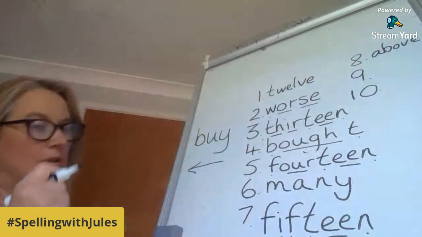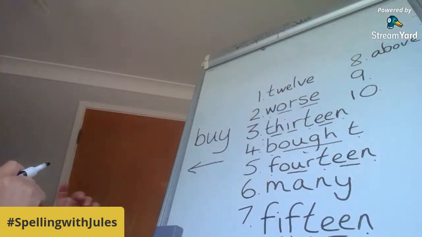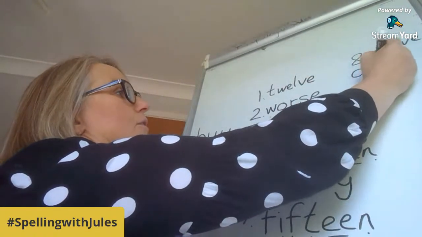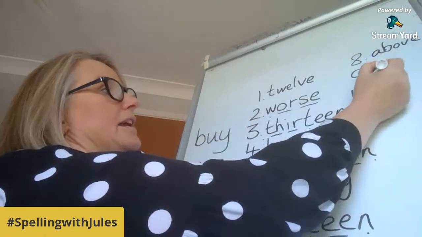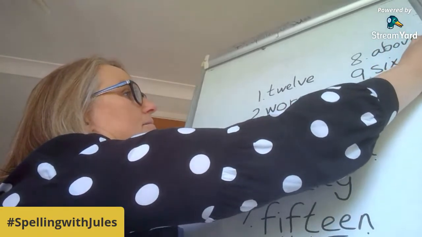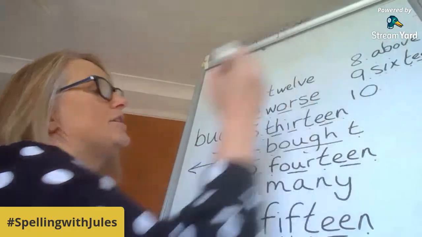Above. Okay, number 9 is 16, and again, like 14, if you can spell 6, you should be okay. Six, and then teen. Okay, excuse my writing, I'm having to stretch.